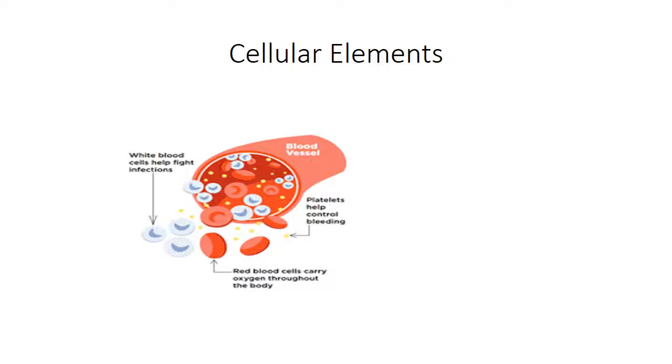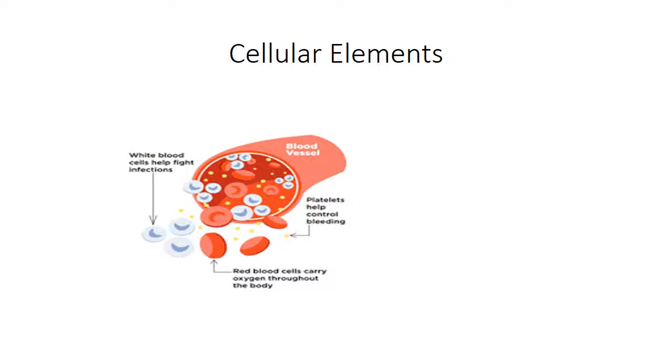Then there are platelets shown as little yellow-colored circles, really small ones. Their function is to help control bleeding. So they are mechanically occluding damage in blood vessels, and also they produce clotting factors which stimulate blood clotting.